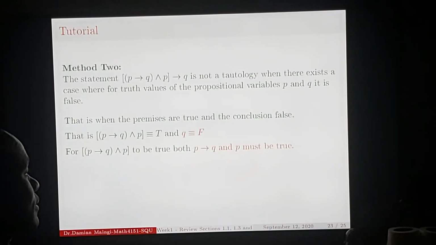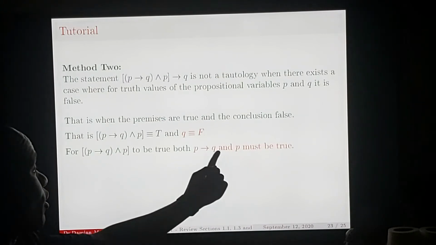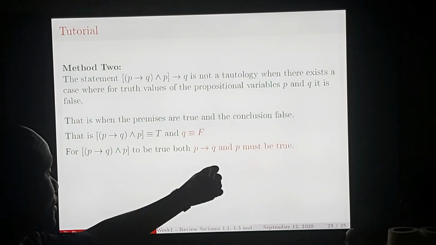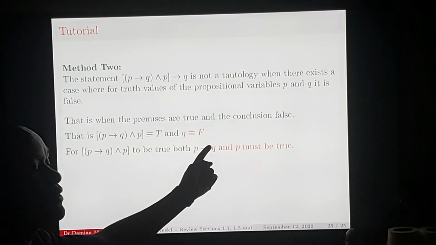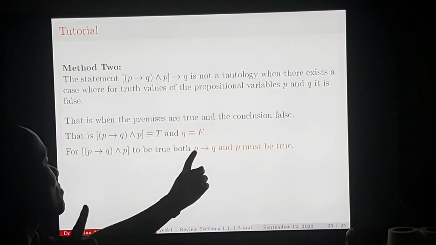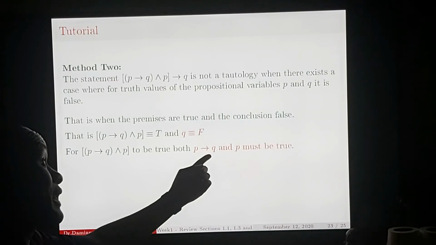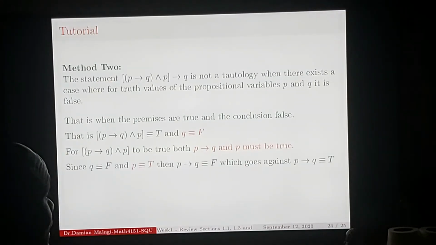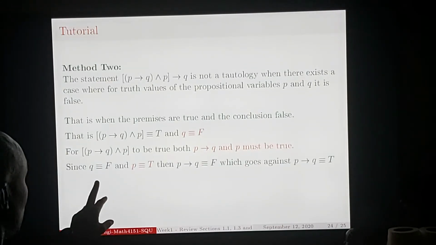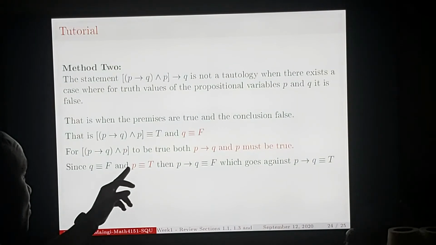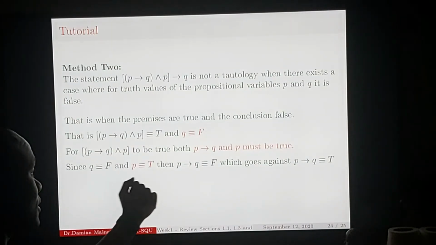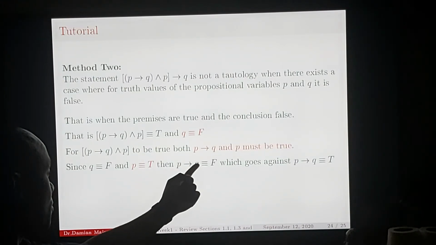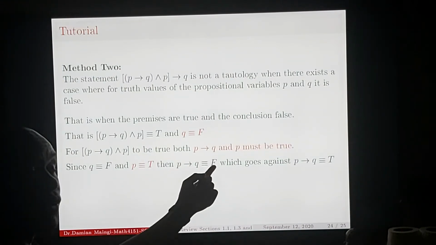Since we already know Q is false and we know that P is true, we can work out P implies Q. Of course, we know P implies Q must be true. So the next statement tells you what? Since Q is false and P is true, then P implies Q will be true implies false. And that would be false.